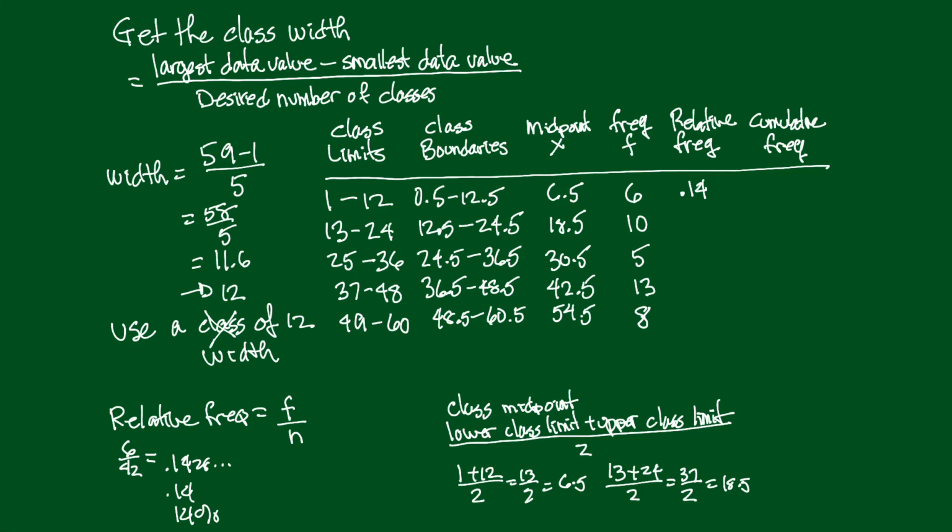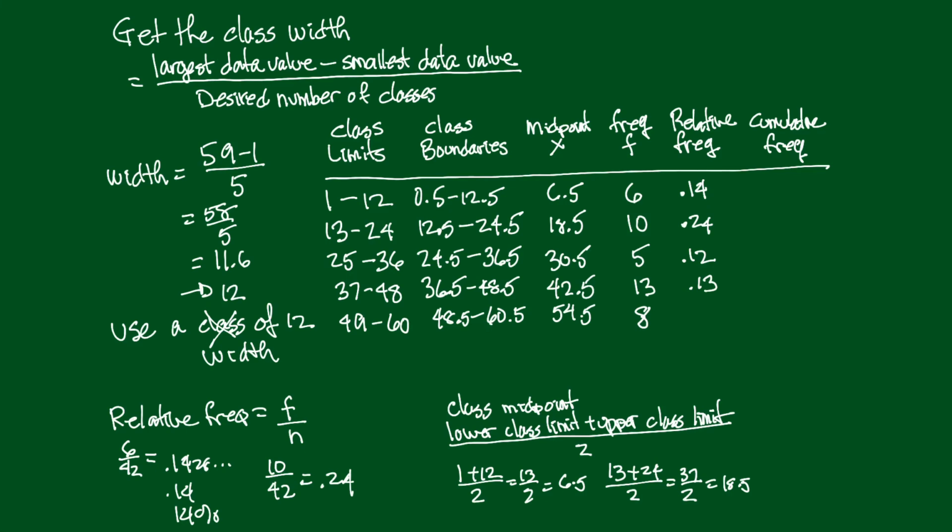The next class would be 10 out of that 42. And if I make that division, that comes out to, I'm going to round off to 0.24. Then 5 divided by 42 comes out to 0.12. 13 divided by 42 comes out to 0.31. I'm doing this on my calculator.